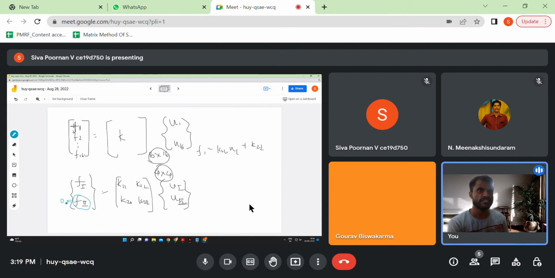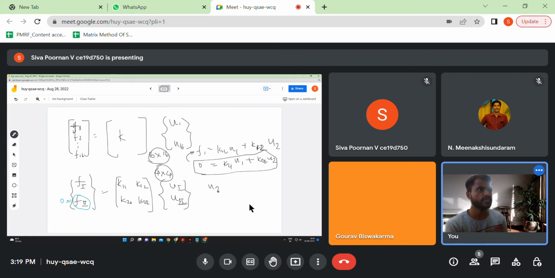So we have F2 equal to 0. We have this first equation, F1 equals K11 U1 plus K12 into U2, and the second equation just becomes 0 is equal to K21 U1 plus K22 into U2. Here we can solve for U2 in terms of U1 and substitute it in the first equation, because we don't want U2; it is an interior thing, right?